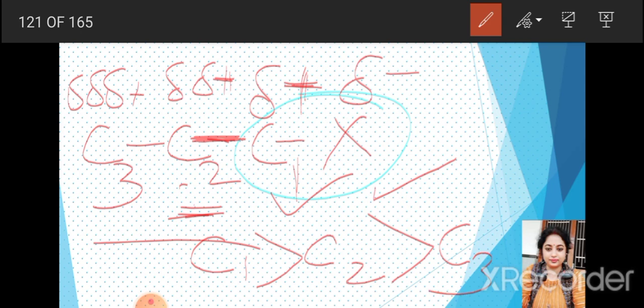Okay, and this is a permanent effect. You have to remember that the inductive effect is a permanent effect. The permanent displacement of sigma electrons along a carbon chain due to the presence of an atom or group of different electronegativity is called inductive effect.